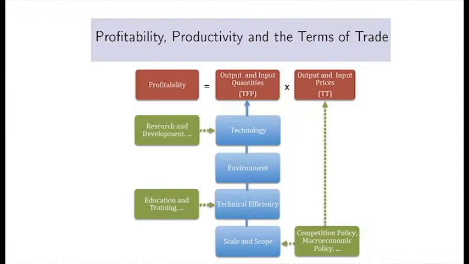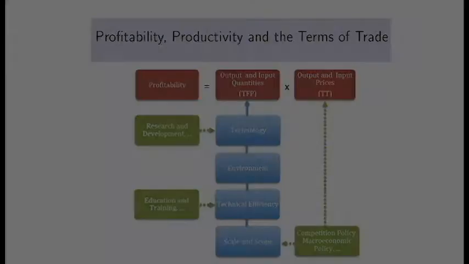The next thing is technical efficiency, and what that refers to is basically how far you are away from best practice, right? How far you are away from the frontier, what we refer to as the frontier. And there's a couple of reasons for not being on the frontier. Very simple reasons are firms choose the wrong book of instructions from the library, right?